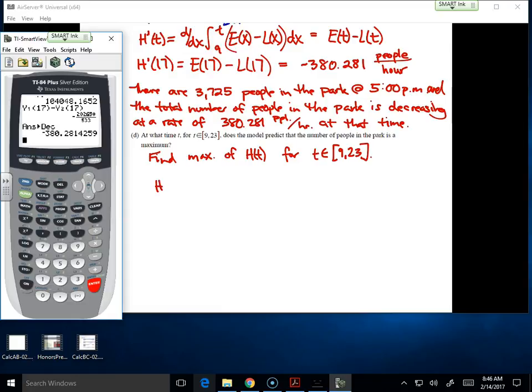We're going to find h prime set equal to 0. And then we are going to test t and h of t for 0. Wait, why am I testing 0 and 23 and some unknown people in between? I'm testing for what kind of extrema? Absolute. I'm testing endpoints and critical numbers.